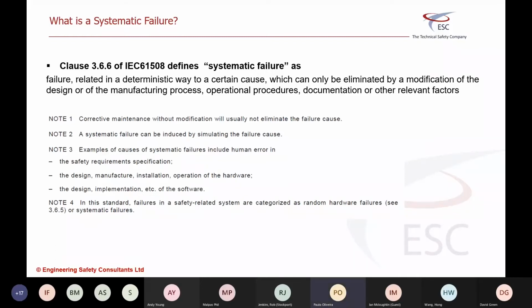So these are the things we can't put numbers on. These are the things that people introduce into processes, and those errors sit in the process, they sit in the design, they sit in the performance of the system, and at the right time, when you need it to do what you wanted it to do, it won't.